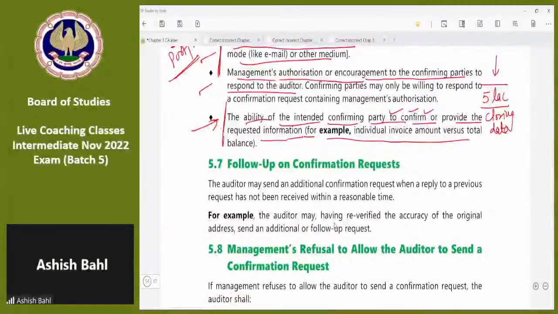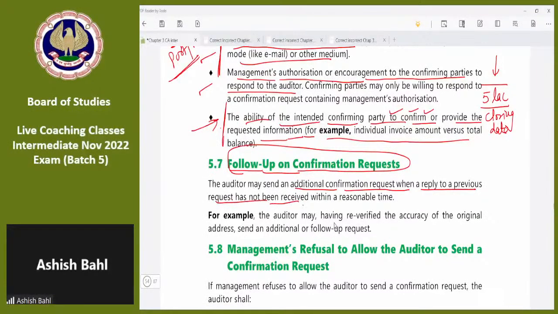Now, follow up on confirmation request. Somebody had asked what is the meaning of follow up on confirmation request? These are additional confirmation requests when a reply to a previous request has not been received within a reasonable time.